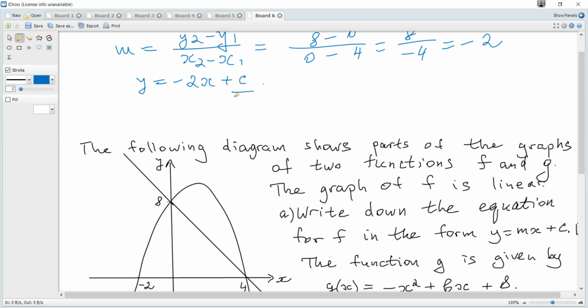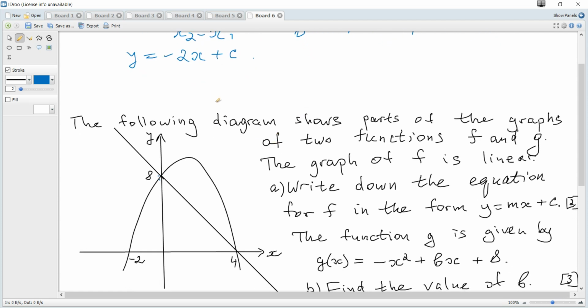To find c, we need any point to substitute for x and y, and solve for c. Here c is directly the y-intercept, because when x is 0, y is equal to c, and since we know the y-intercept is 8, we can conclude that c is equal to 8.